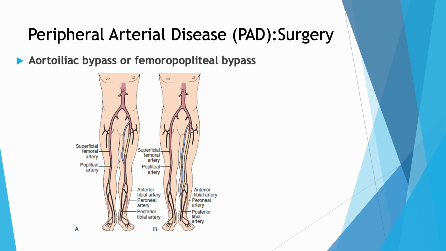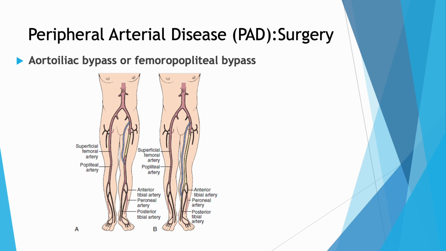Now, if it's really bad and the exercise isn't working, the medications aren't working, they can go for surgery. And if you look at this picture here and you see the blue veins, okay, this is a bypass. This kind of surgery, you may have heard of a fempop, okay? So a fempop is the second picture over here.